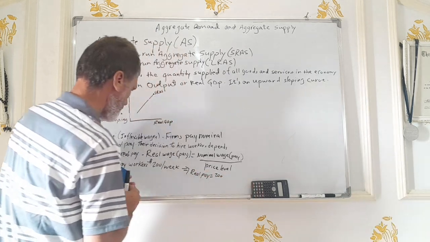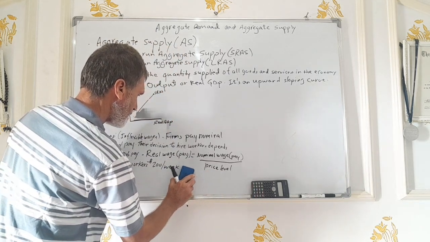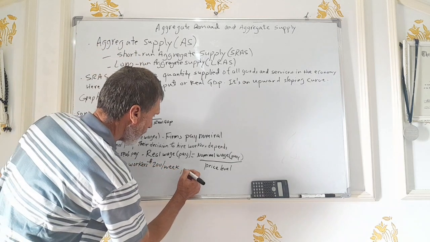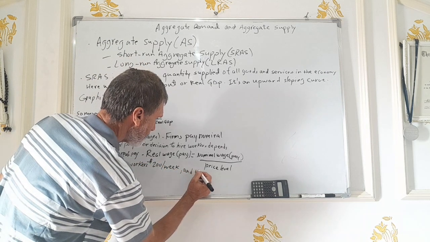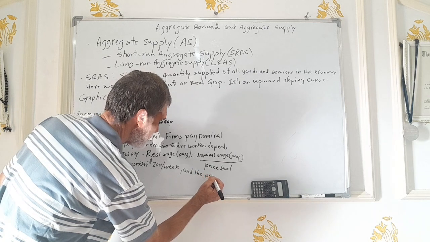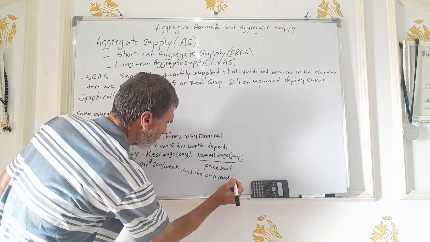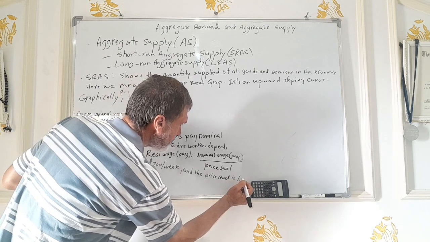Let's say $200 per week, and the price level is, let's say, 150.